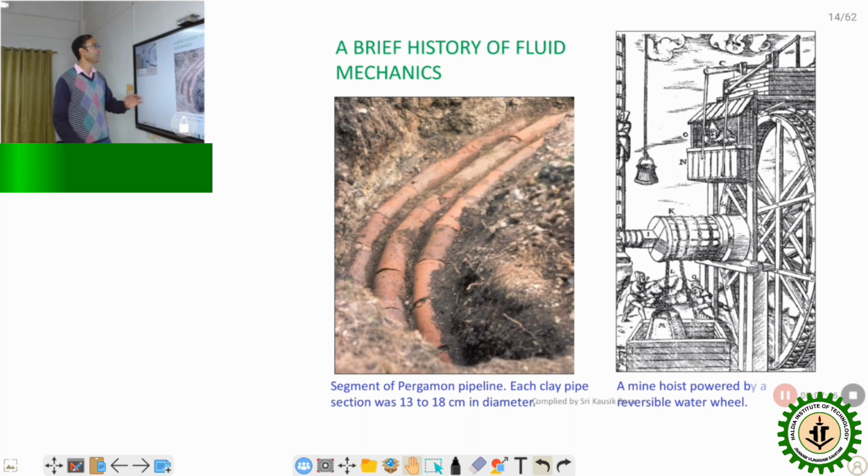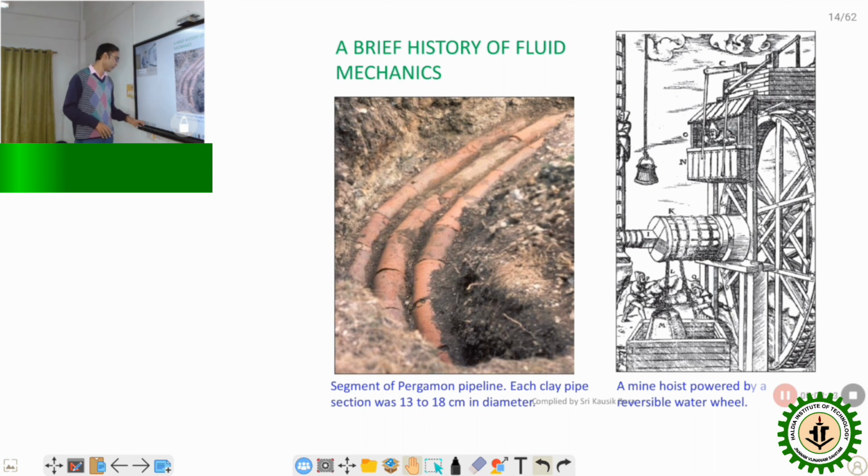Basically, the history of fluid mechanics goes back many years, to around the 1800s and 1900s. At that time clay pipes were used. This is the use of a clay pipeline and a mine hoist powered by a reversible water wheel. So these applications were already in use long ago.